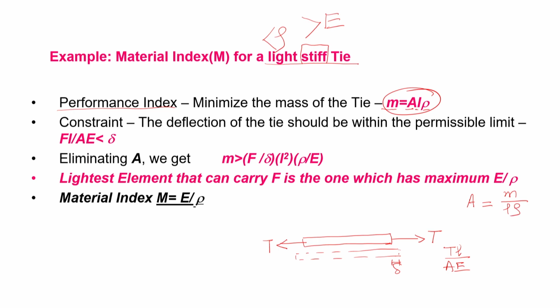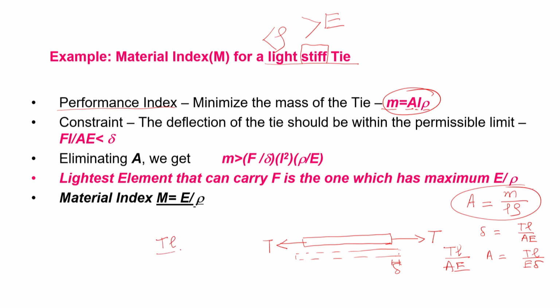Now, I also know that delta is given to us. So, delta is T L by A E, and delta is fixed for us. So, what is the area then in terms of delta? It is nothing but T L by E delta. So, now if I actually write it here in this relationship, then what am I going to get?